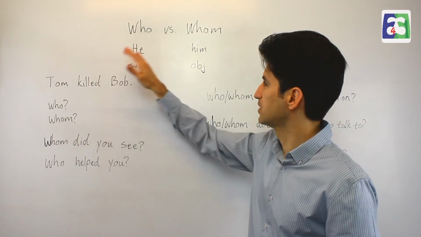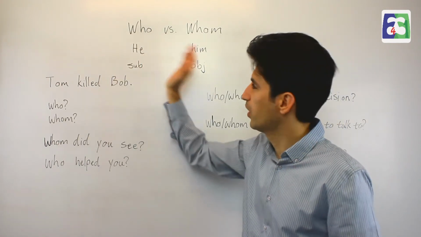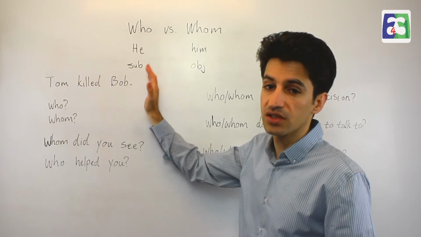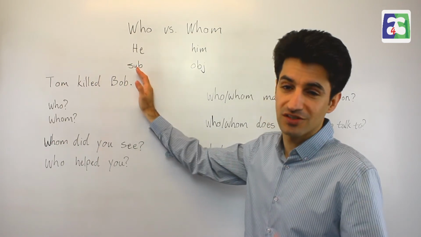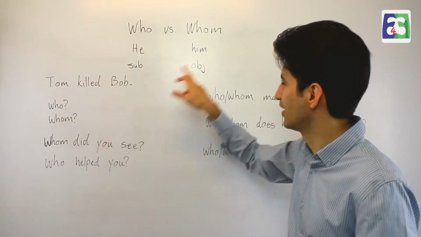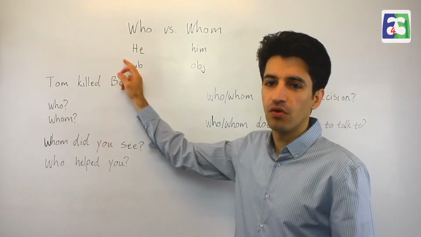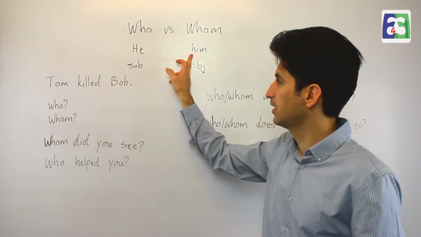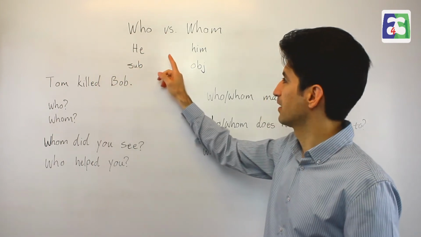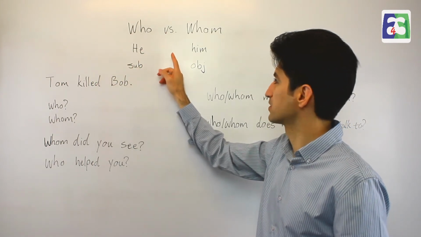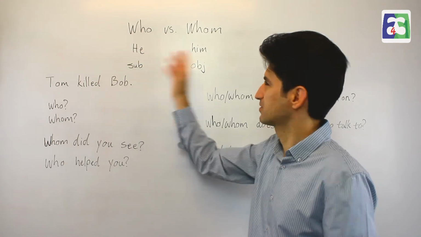So I say he, or whoever is on the side of the subject. The subject of the sentence helps him, or someone called him, or my sister likes him, or something like this.